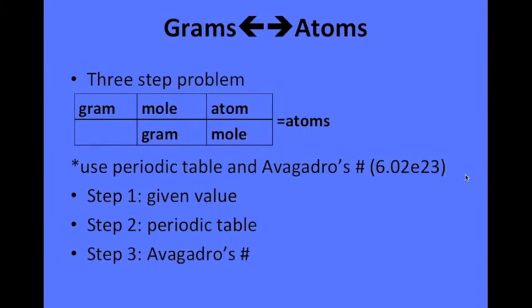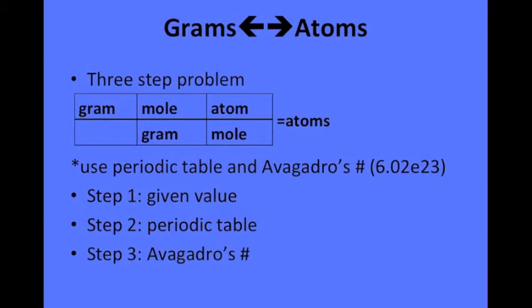Okay, a gram to atom conversion is a little bit of a longer process. It's a 3-step problem, and you're using both the periodic table and Avogadro's number. You start with a gram to mole conversion using the periodic table, and then a mole to atom conversion using Avogadro's number.